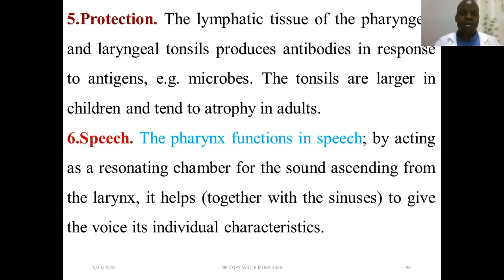The other function of the pharynx is protection. The lymphatic tissue of the pharynx and the pharyngeal mucosa produce antibodies in response to antigens, e.g., microbes. The tonsils are larger in children and tend to atrophy in adults. So under protection, we're talking of any infection that may come on the tonsils or the pharynx, especially the soft pharynx that I mentioned earlier on.